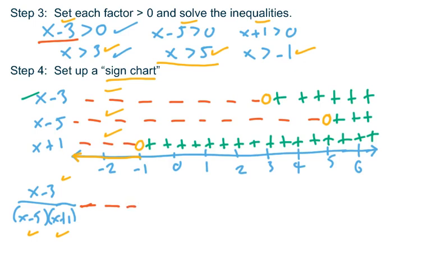Now, when I get to negative 1, notice the 0 there, something different happens. Let's see how that works in this fraction here. At negative 1, the x minus 3 is negative, and the x minus 5 is negative, but the x plus 1 is 0. Now the x plus 1 is down here in the denominator.